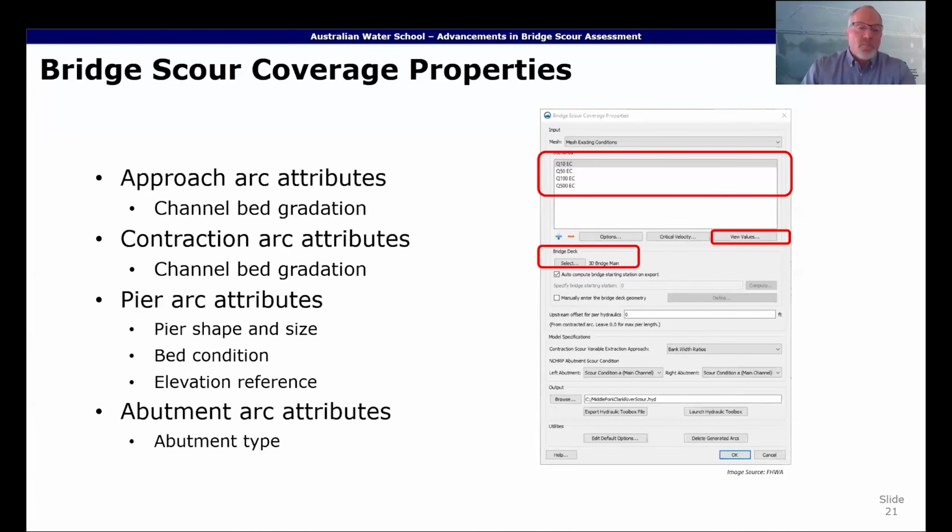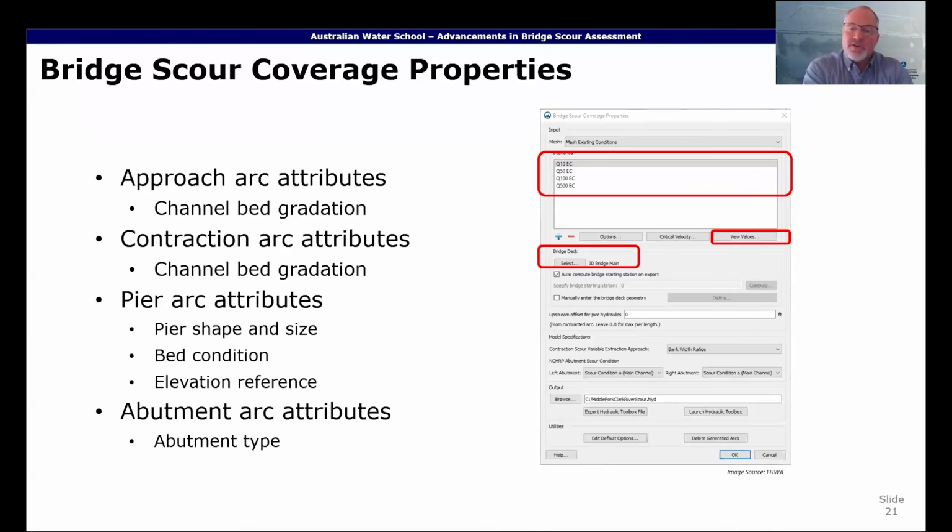Then you have, again, we've included all the pier arc attributes, abutment arc attributes. SMS has a 3D bridge generator in it. It will use that to extract the cross section. There's some more details here I don't need to get into, but I do want to point out those view values on the right.